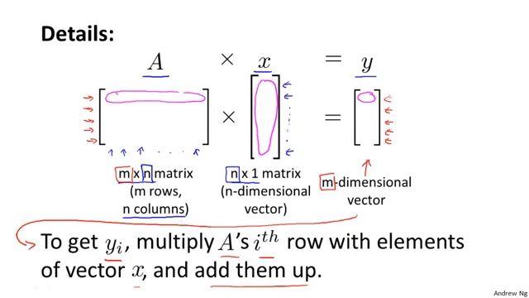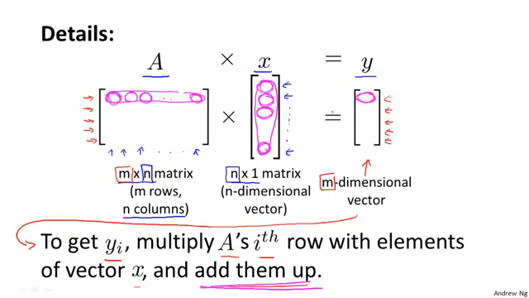So we're going to take this first number, multiply by this first number, then take the second number, multiply by this second number, take this third number, multiply by the third number, and so on until we get to the end. And then we're going to add up the results of these products. And the result of adding that up is going to give us this first element of y.